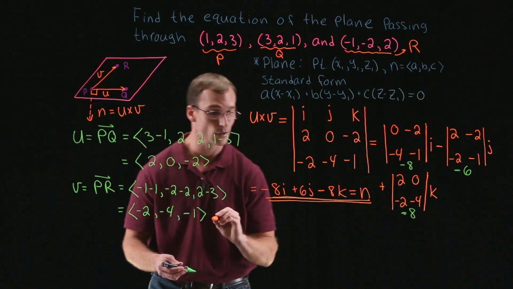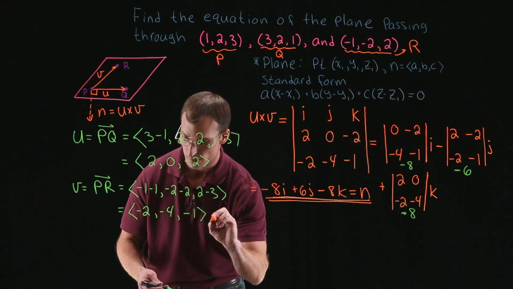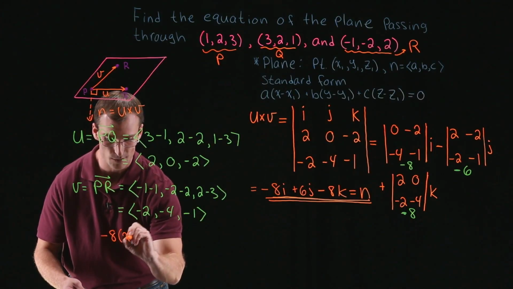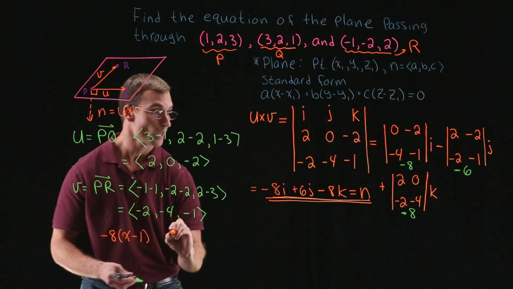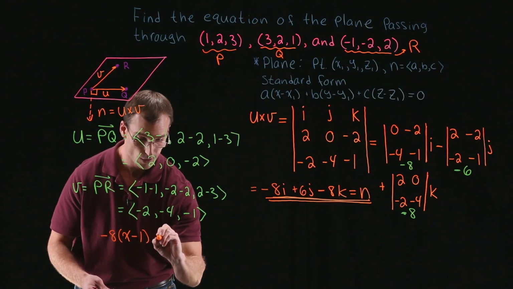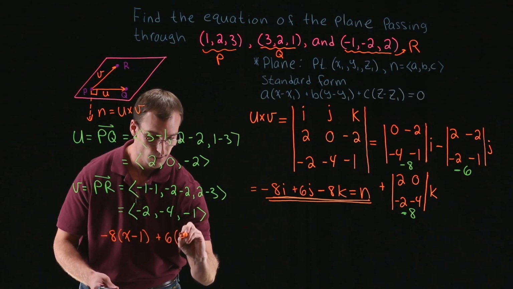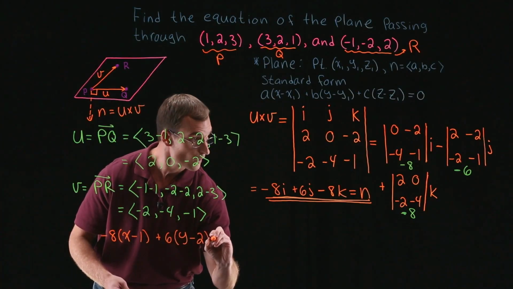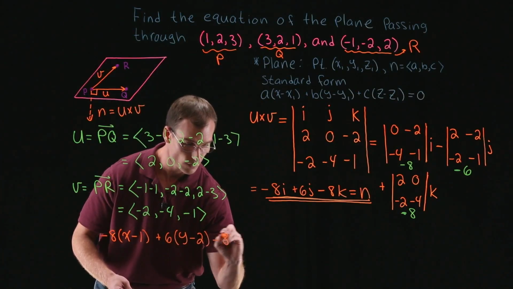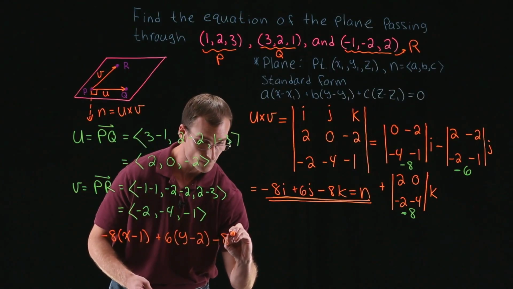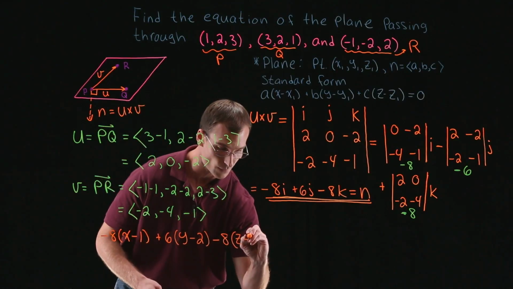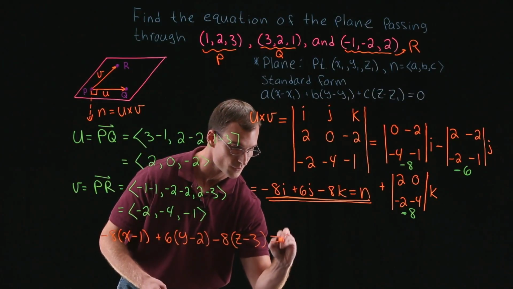So our equation is going to look like A, -8, times x minus x1, or 1, and then plus B, 6, times y minus y1, or 2, and then minus 8, or C, times z minus z1, or 3. And that's equal to 0.